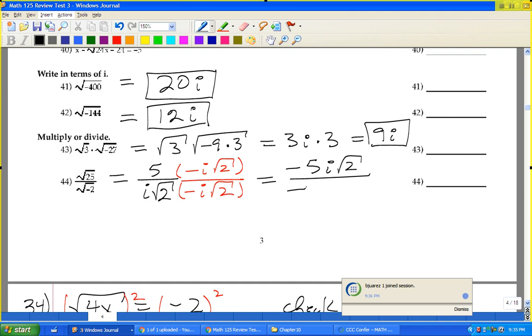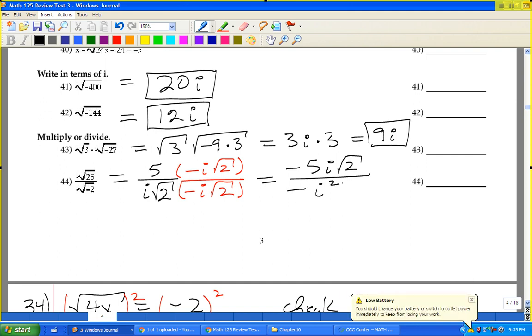Positive times negative is negative. i times i is i squared. Rad 2 times rad 2 is 2. And then hopefully you're not going to lose the vision for a second, but if you do, I'll have to switch this around.